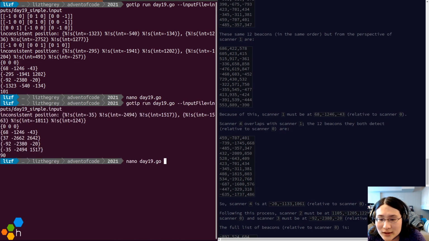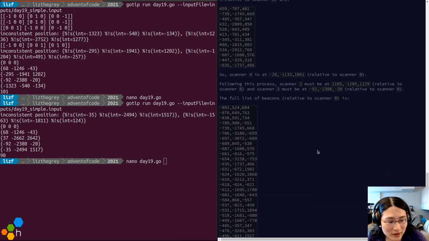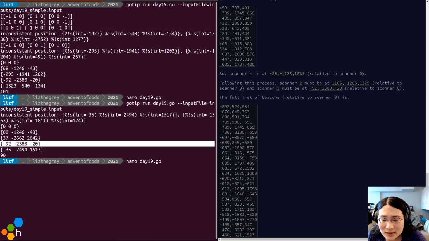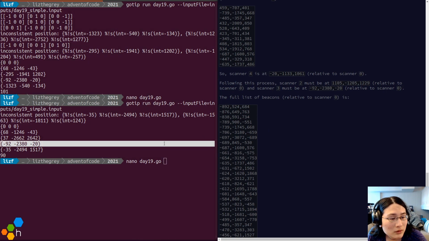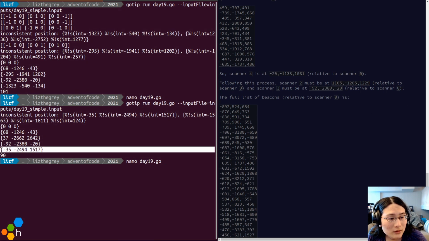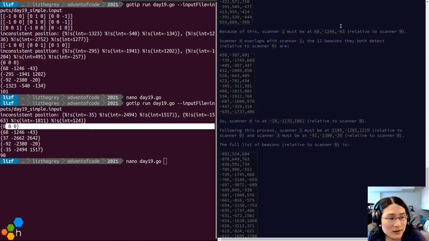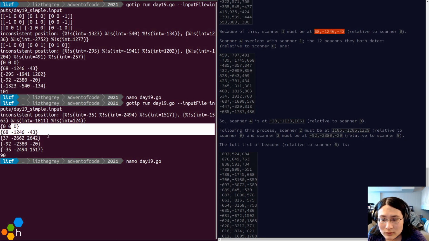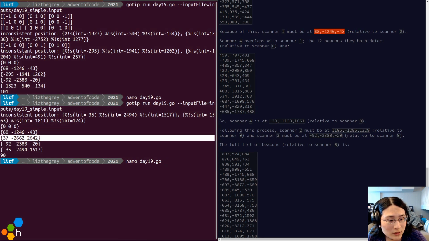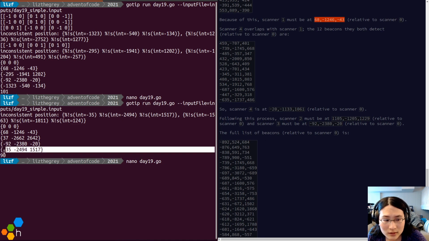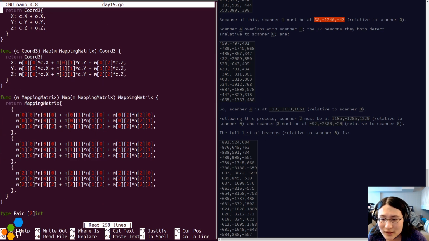Nope, still getting inconsistencies. Better now, though. Scanner 3 is now -92. Scanner 4 is wrong. Okay, so I've got 68, -1246. That one's correct. This one still is wrong. This one is right. And then this one is wrong. Okay, so no, that's not it.